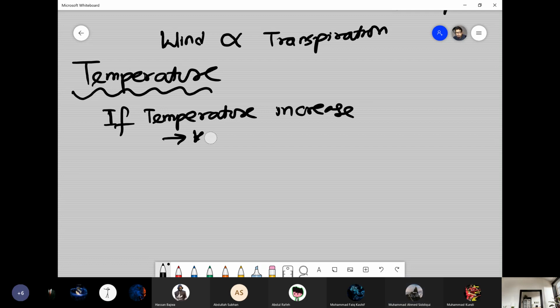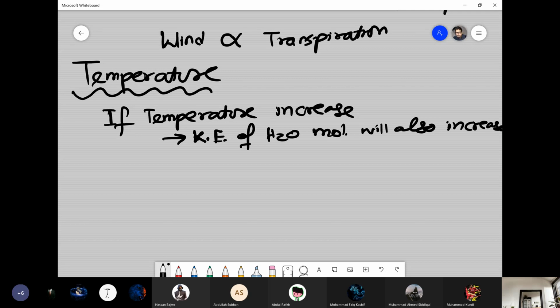The kinetic energy, let me just write the abbreviation, kinetic energy of water molecules will also increase. So boys, as the kinetic energy of water molecules increases, the water molecules will move away very fast.